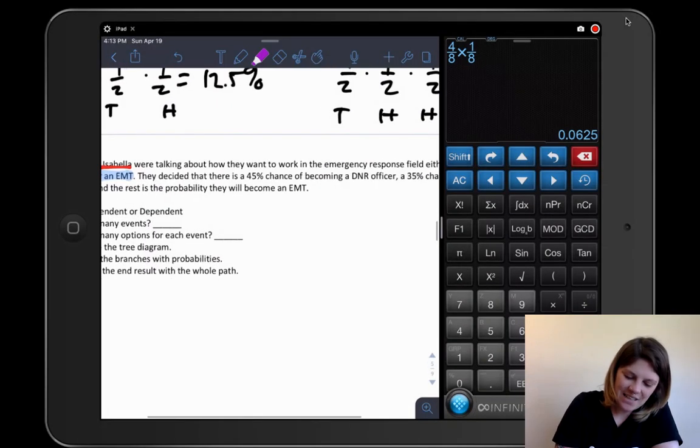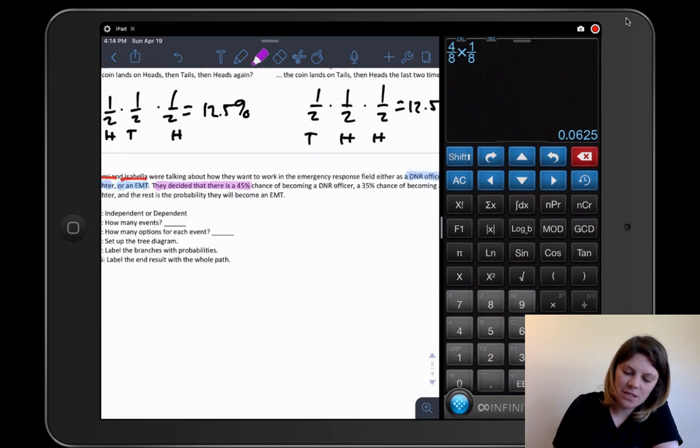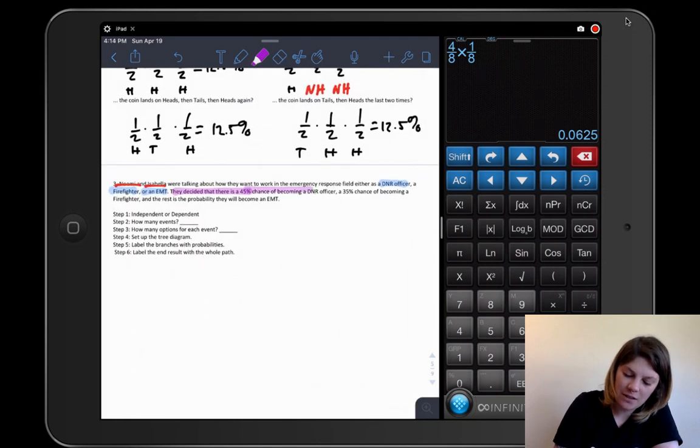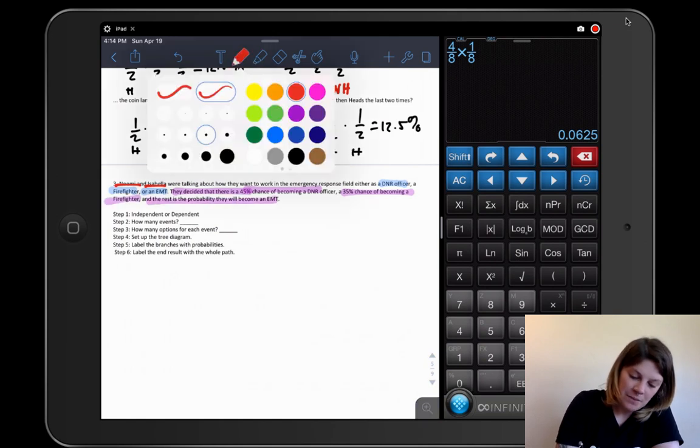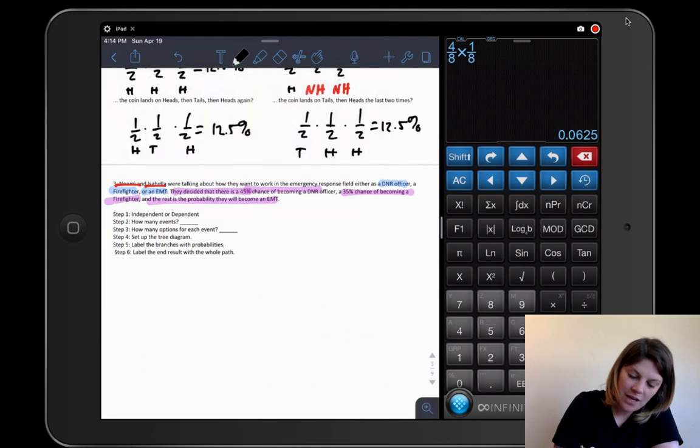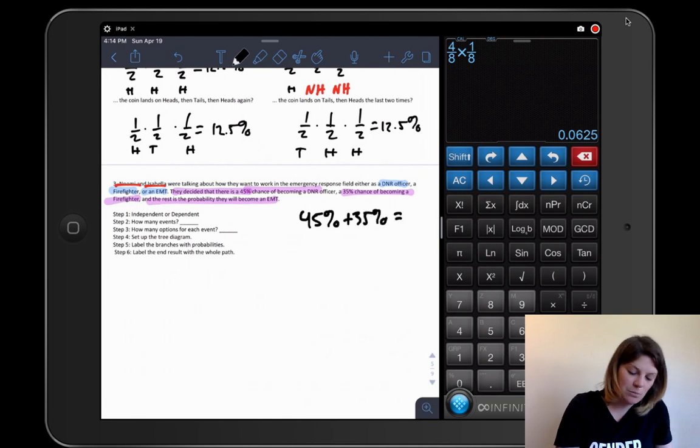It says, they decided that there's a 45% chance of becoming a DNR officer, 35% chance of being a firefighter, and the rest is EMT. So 45% plus 35%, that's going to be 80%, right?